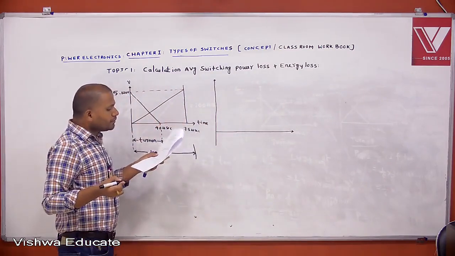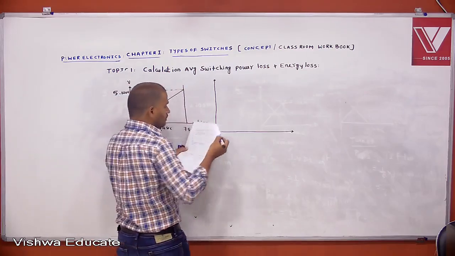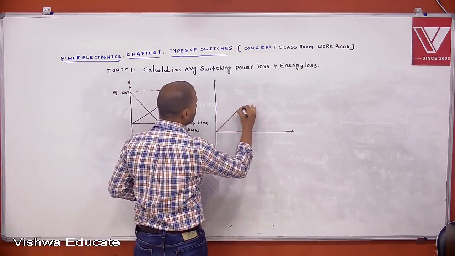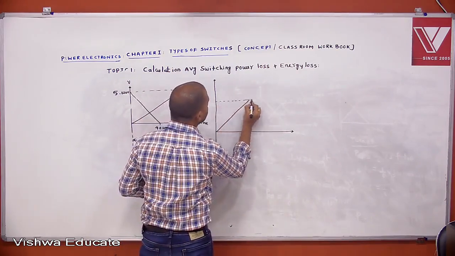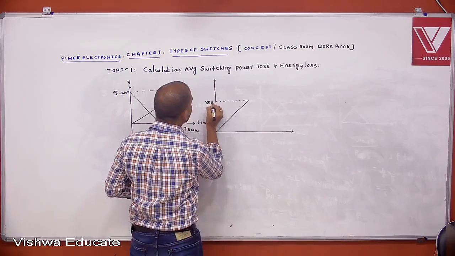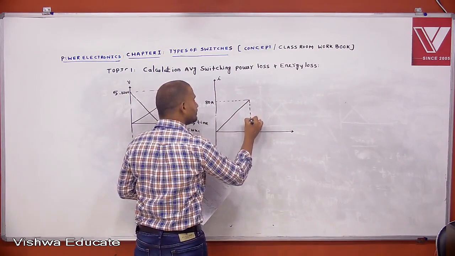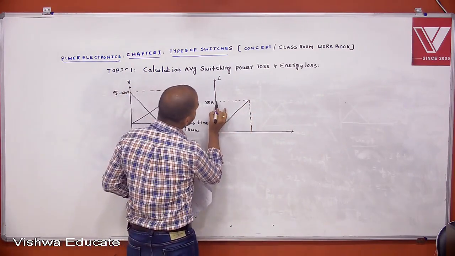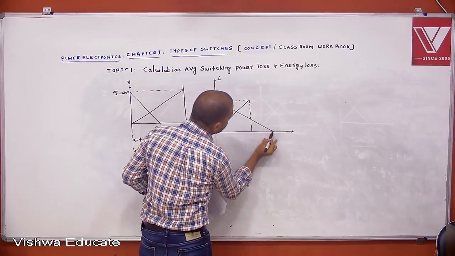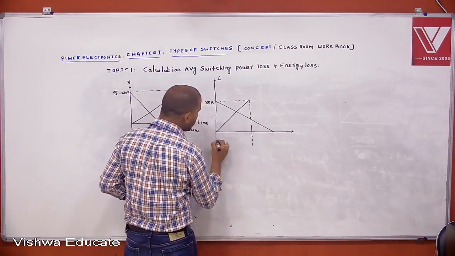Current is rising, up to what current? 80 amperes. Yes, it is 80 amperes. And current is also falling. Current rising means which transition?